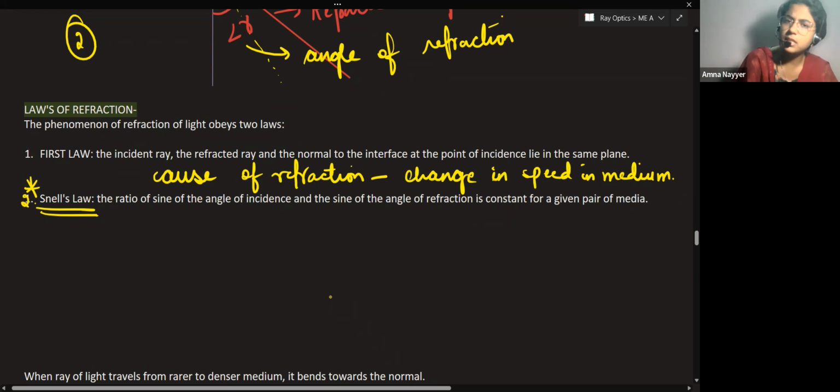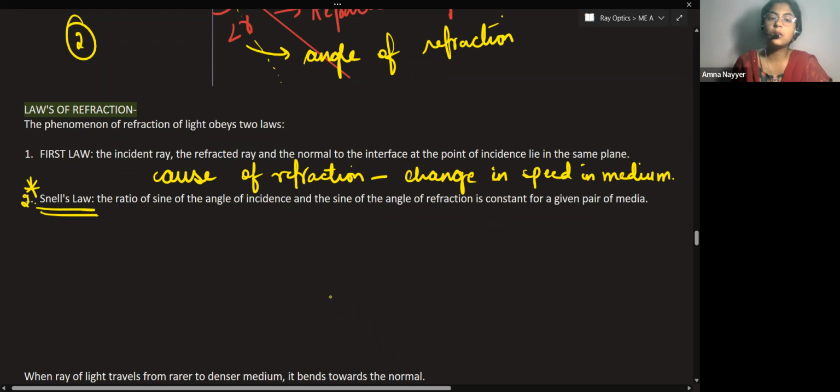But till the end of the lesson, even when we do prisms, Snell's law will be applied at so many points, including in derivations. So please understand how to apply Snell's law.